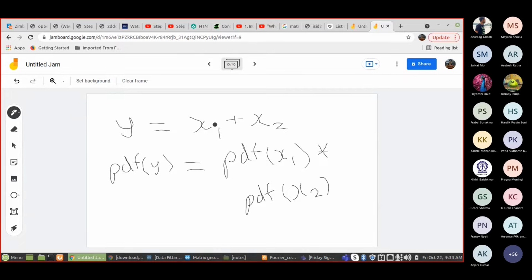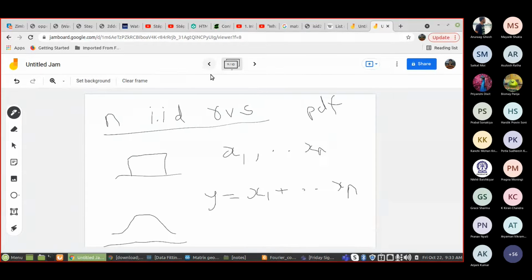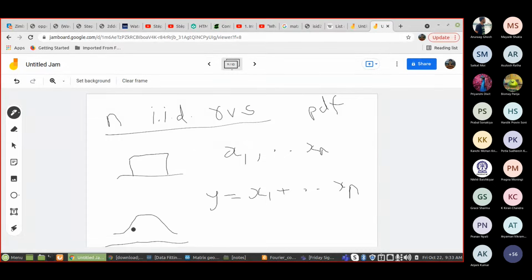From first principles in probability theory, you can show that the PDF of this is the convolution of these two PDFs. And if you have n random variables, then you get the convolution of the individual PDFs. So you can interpret central limit theorem in terms of this convolution. If we take a function and convolve it with itself n number of times, as n goes to infinity we approach a Gaussian.